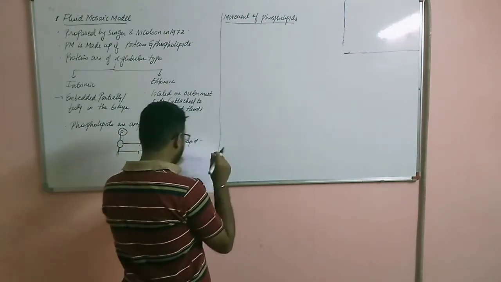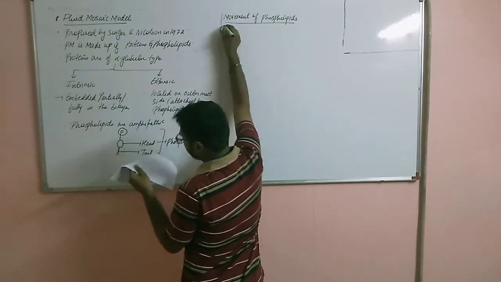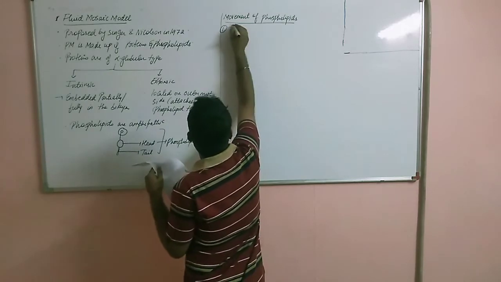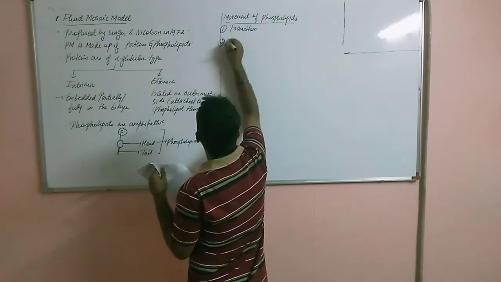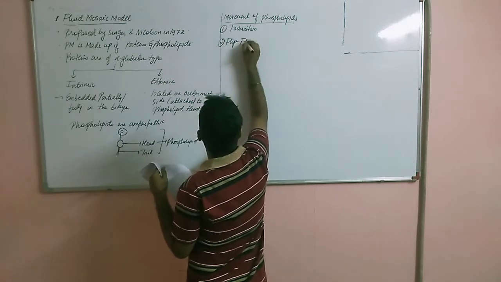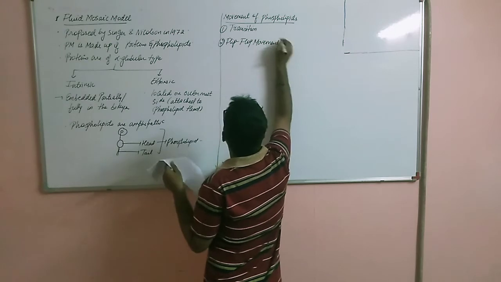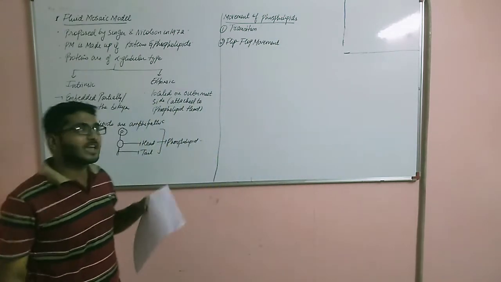So the phospholipid shows two types of movement, that is transition movement and flip-flop movement. What is basically transition movement? That is the movement of a phospholipid molecule in the same layer.